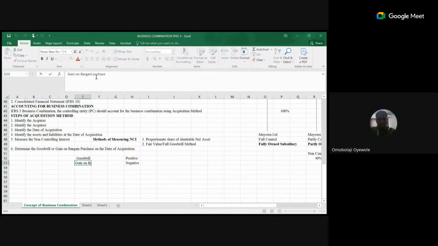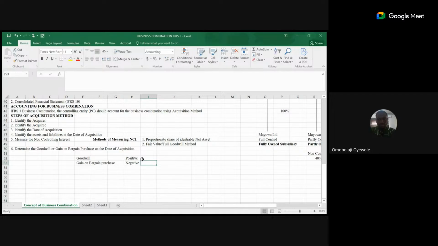Remember, when you are acquiring a company, you are acquiring both the assets and the liabilities of that company, right? In the process, you are going to pay a sum of money, yes or no? That sum of money that you pay is called the consideration you have transferred.